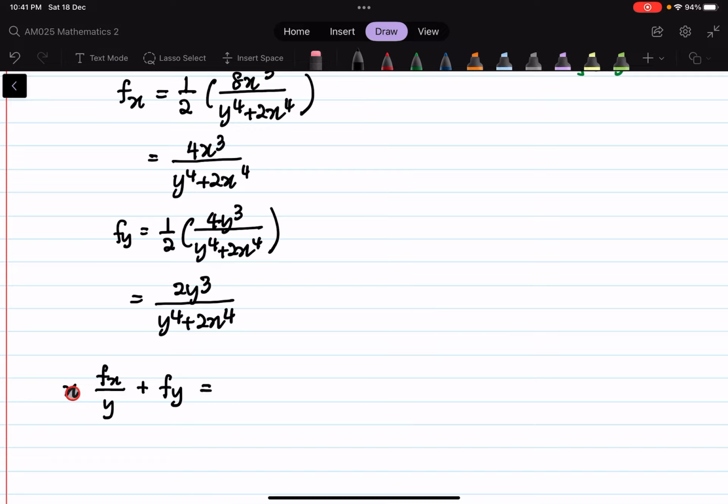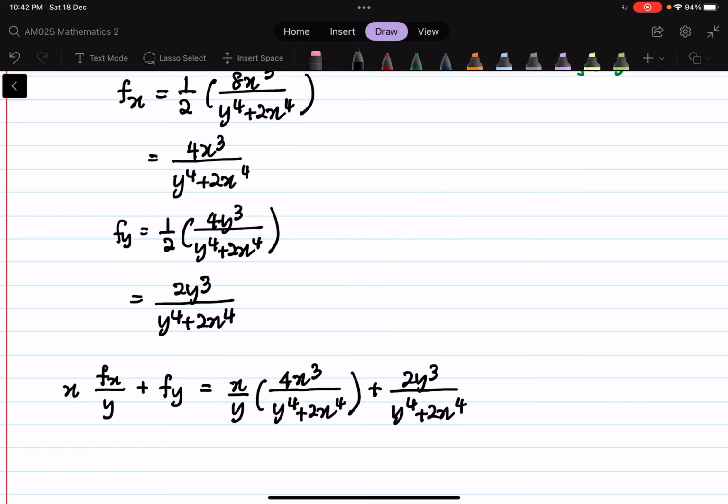I'm going to write down x times 1 over y as x over y, and substitute f sub x, 4x cubed divided by y to the power of 4 plus 2x to the power of 4, plus f sub y, which is 2y to the power of 3 divided by y to the power of 4 plus 2x to the power of 4. So if we equalize the denominator, we should multiply 2y to the power of 3 over y to the power of 4 plus 2x to the power of 4 by y over y.